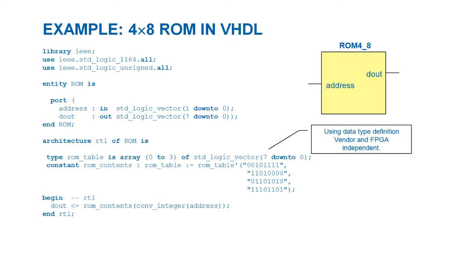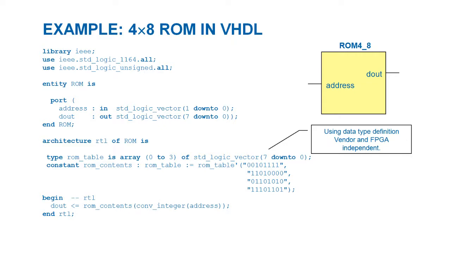We define a new data type called ROM table that has addresses going from 0 upward to 3, and at each address location we have 8 bits. Now we define a new signal, but this signal is a constant.